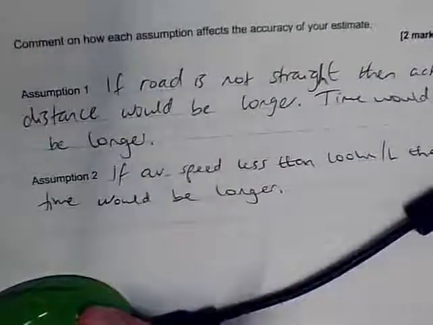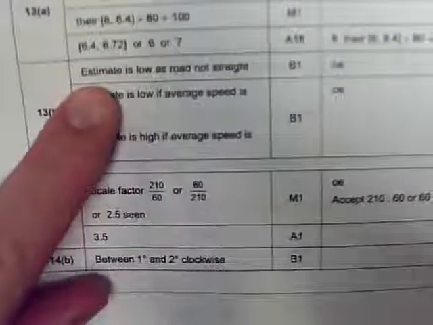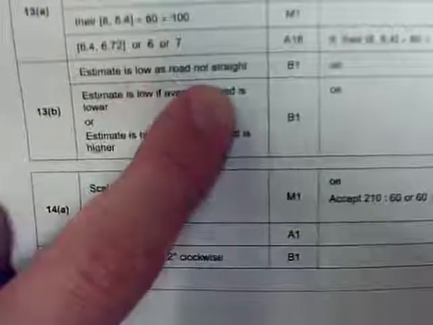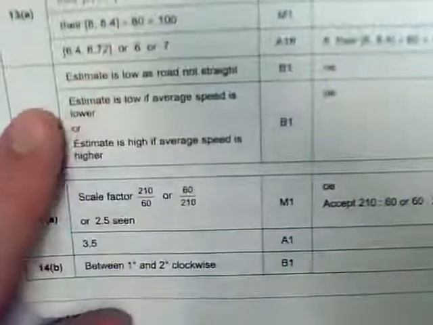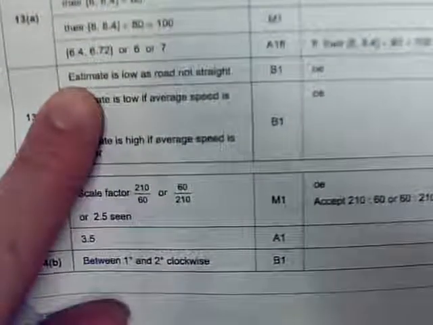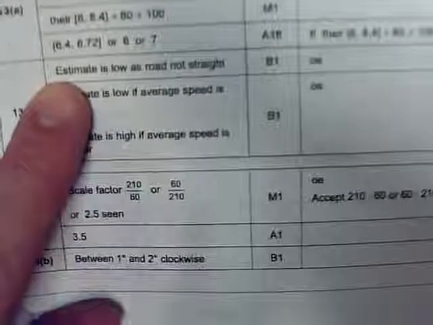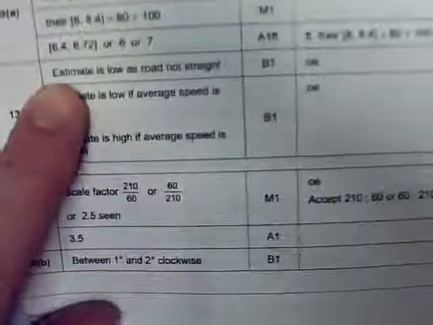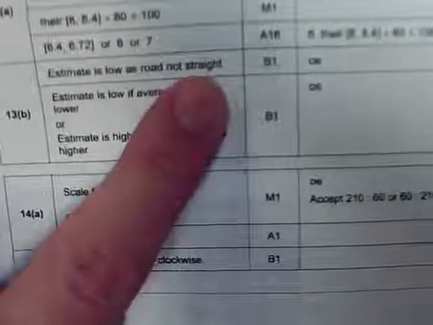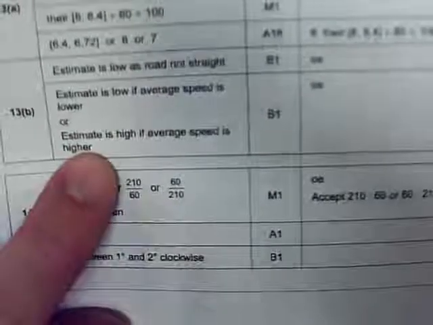So comparing this with the mark scheme, there's different ways of saying the same thing. First assumption, so the estimate is low as the road is not straight, something like that, or equivalent. So in other words, the estimate for the time travelled, the 6.4 hours, that's too low, so it should actually be much higher than that, because the road is not straight. That's what we said. And the second bit, they would give you the mark either way.